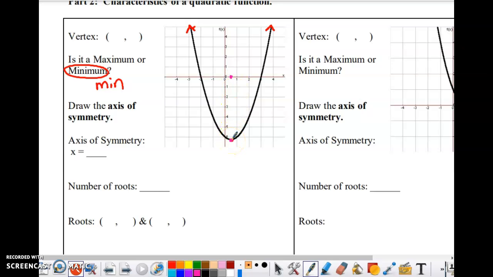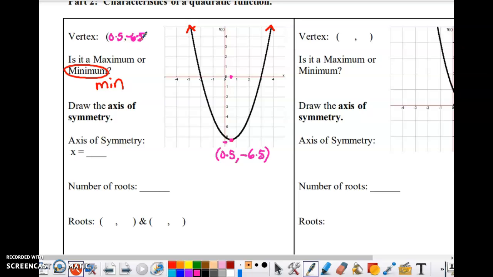So that's 0.5, comma, and then we went down about 6, let's just call it negative 6.5, just because I can't really tell where it's at. It might be at negative 6.25 maybe. So let's write it here, 0.5 and negative 6.5 or negative 6.25.